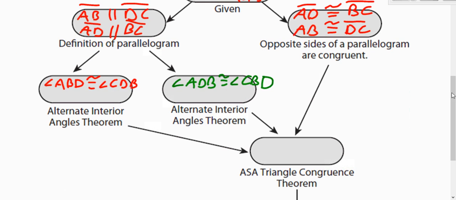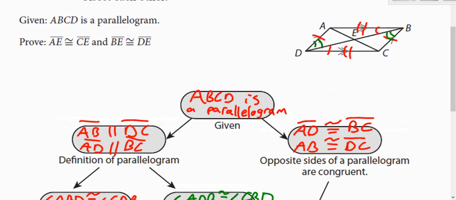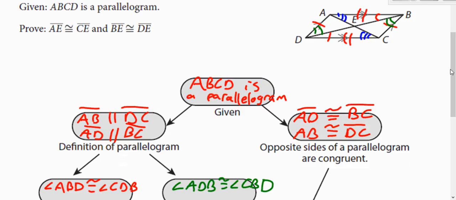Since we're trying to get angle side angle, we need this angle up here congruent to this angle down there, which is also alternate interior angles. So you could trade out what I just wrote in green with this in blue, or leave them, just write both of them. BAC is congruent to DCA.